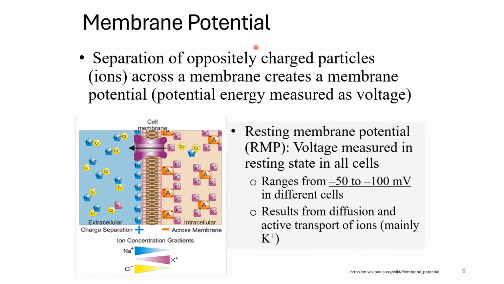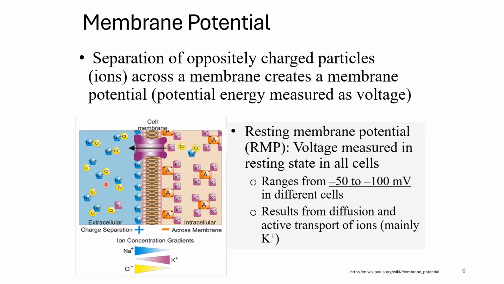What is a potential? A potential means that you have a difference in the charge of the ions across the membrane. So if you look at this figure, we have a cell membrane here. This side marks the inside of the cell. Notice it says intracellular here. This side marks the outside of the cell, or the interstitial space, which is also the extracellular fluid.